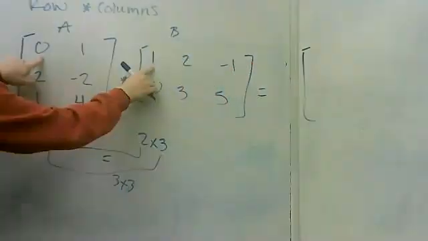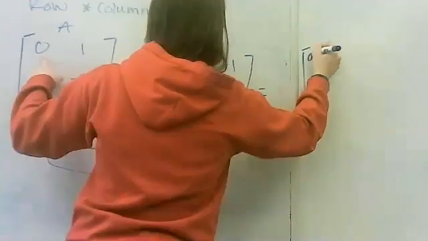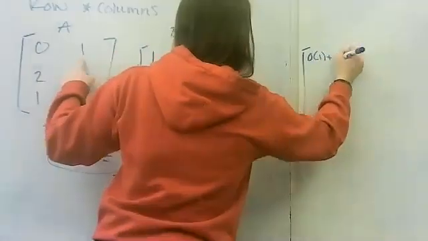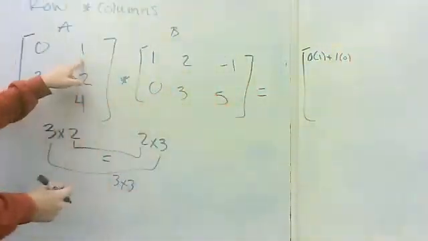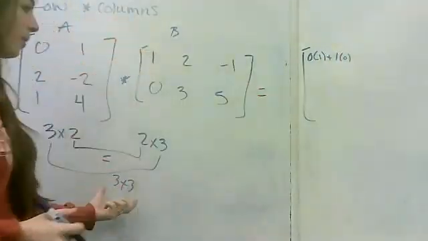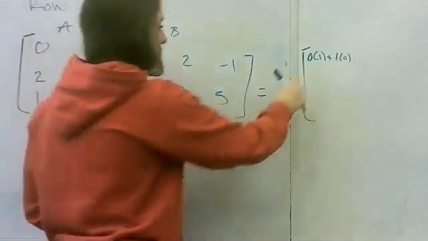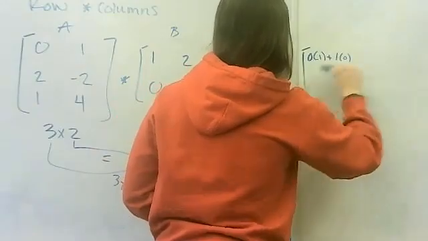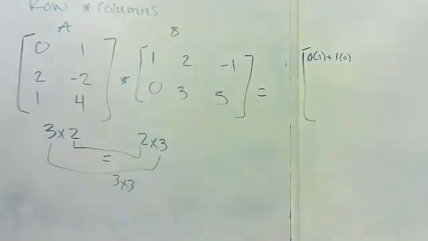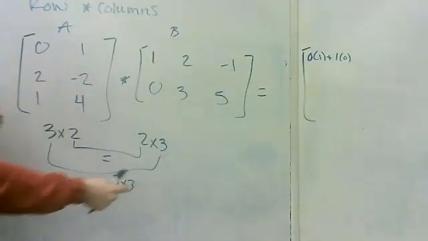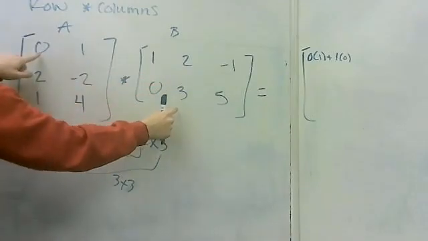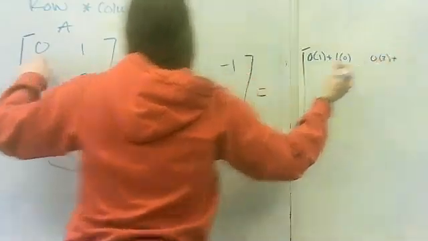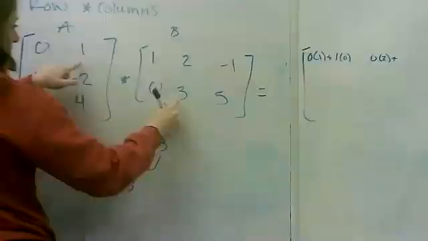So we start off first two terms, 0 times 1 plus 1 times 0. Okay, that's my first term of my 3 by 3. So that's my first row, first column. I still need my next two columns and my next two rows to fill in. Now we go on first row, second column. So 0 times 2 plus 1 times 3.